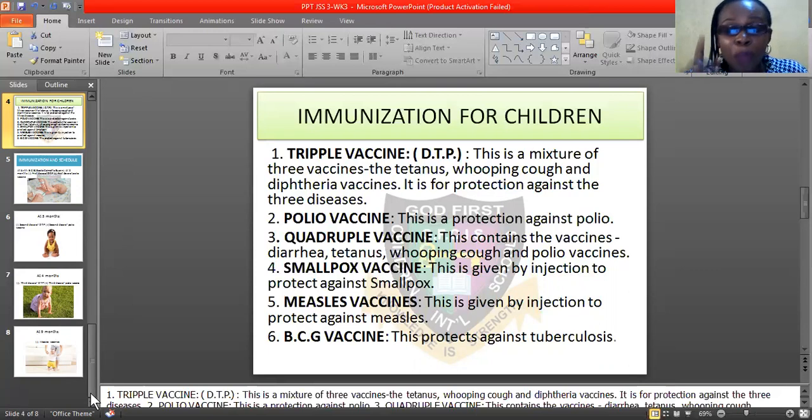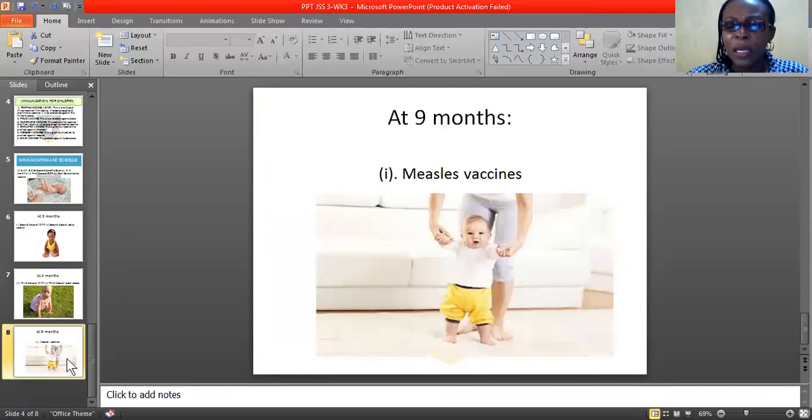We don't want you to perish out of ignorance because someday, you will grow to be a mother, you will grow to be a father. If your wife did not know the importance of immunization, you are to sensitize her on how to take your child to immunization. Let her know the importance of this immunization on these children because it helps them to grow healthy.